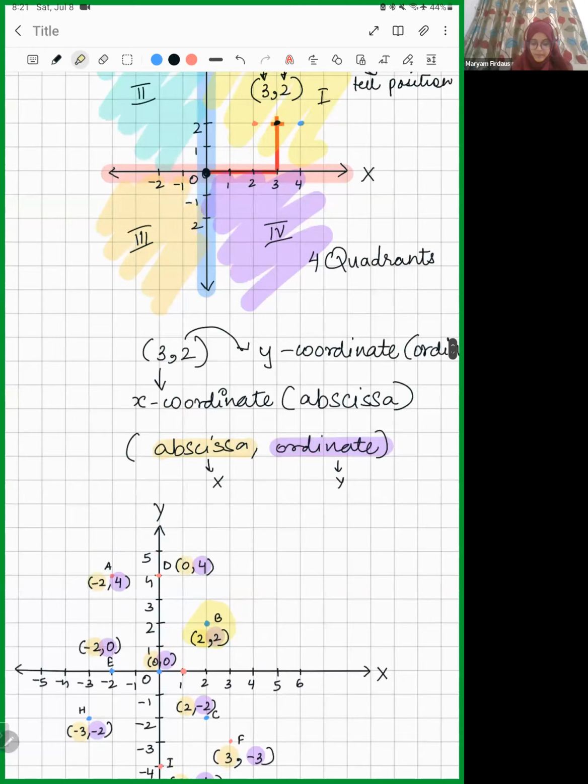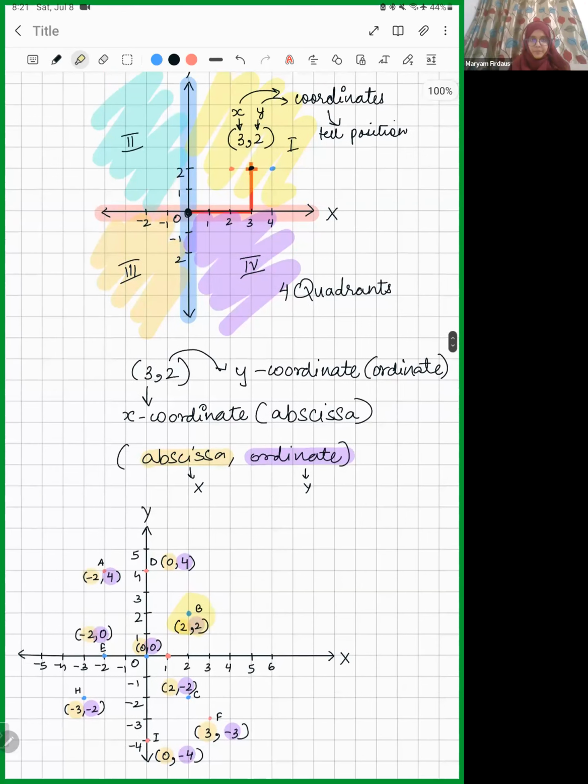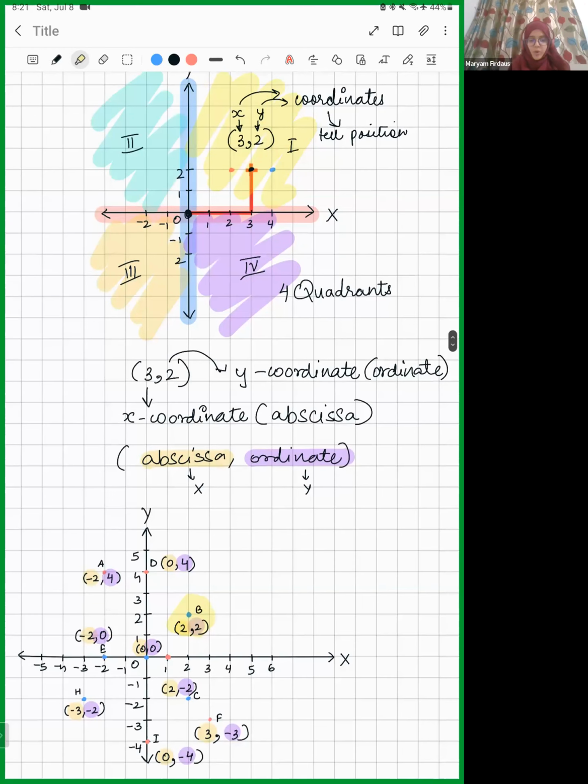Can someone tell me? Point B is in which quadrant? These are the 4 quadrants. Very good, Zen. Point B is in the first quadrant.